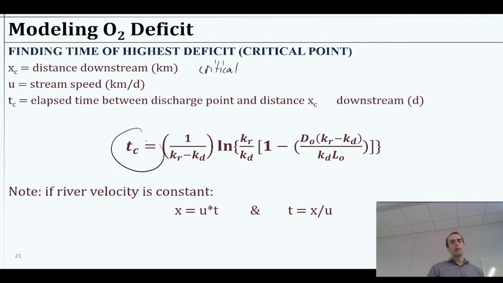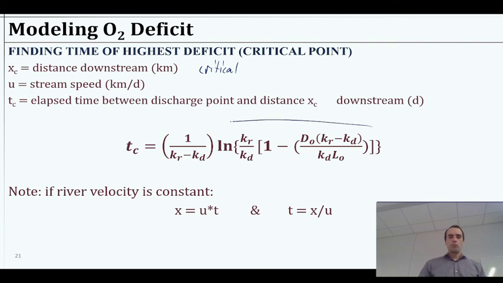So the rate constants might be equal. If so, I don't think we can do this analysis here with a tc like that, at least not this equation. The book doesn't give us another one that counts that out, so I won't be giving you a problem like that either. So that'll be that times the natural log of kr over kd times 1 minus d naught (kr minus kd) divided by kd L naught.